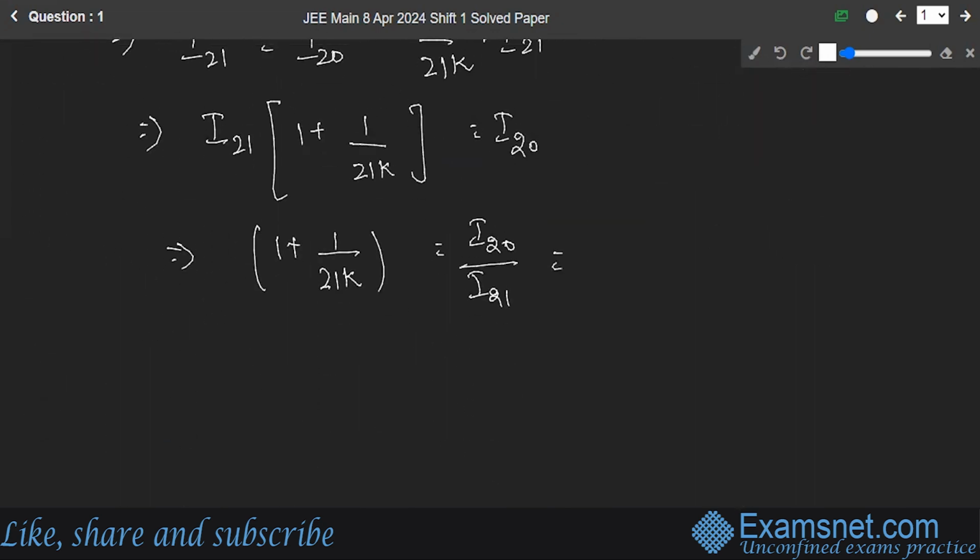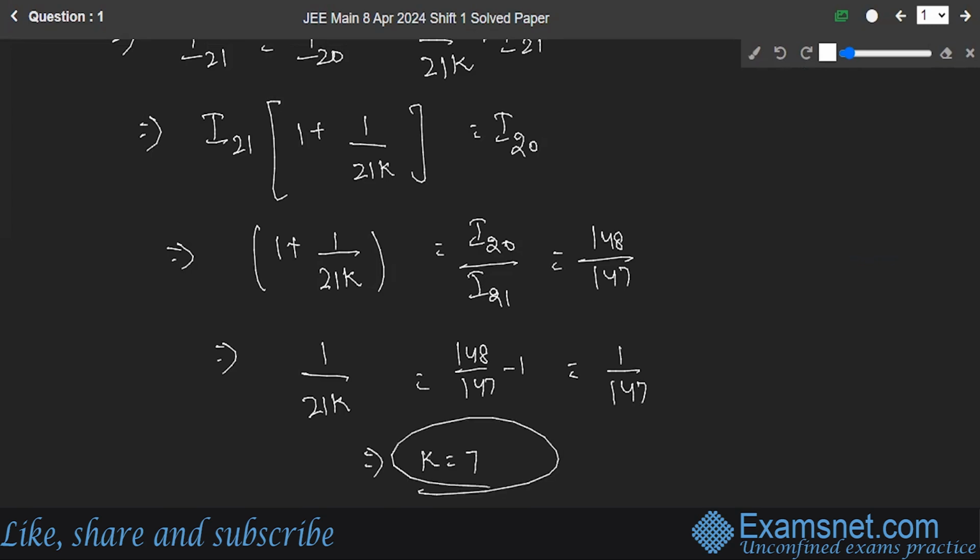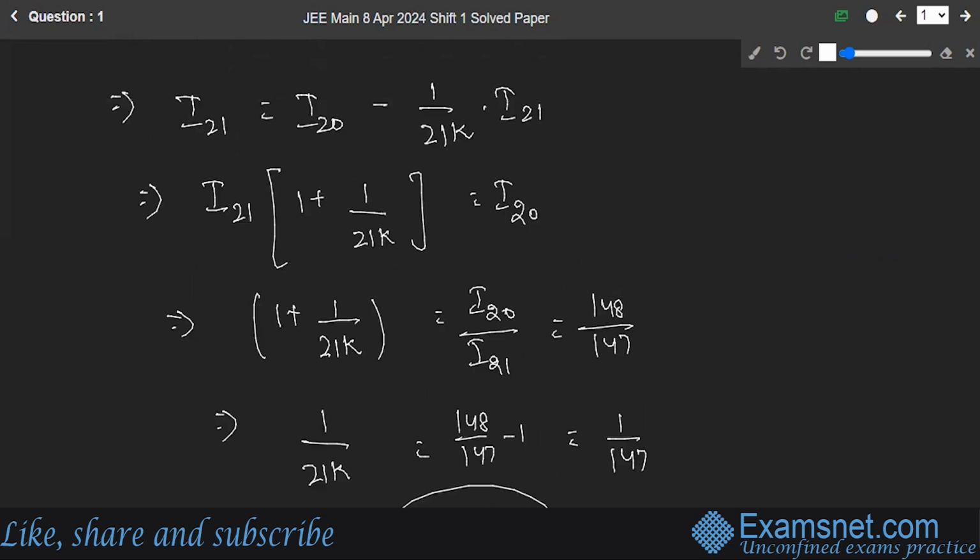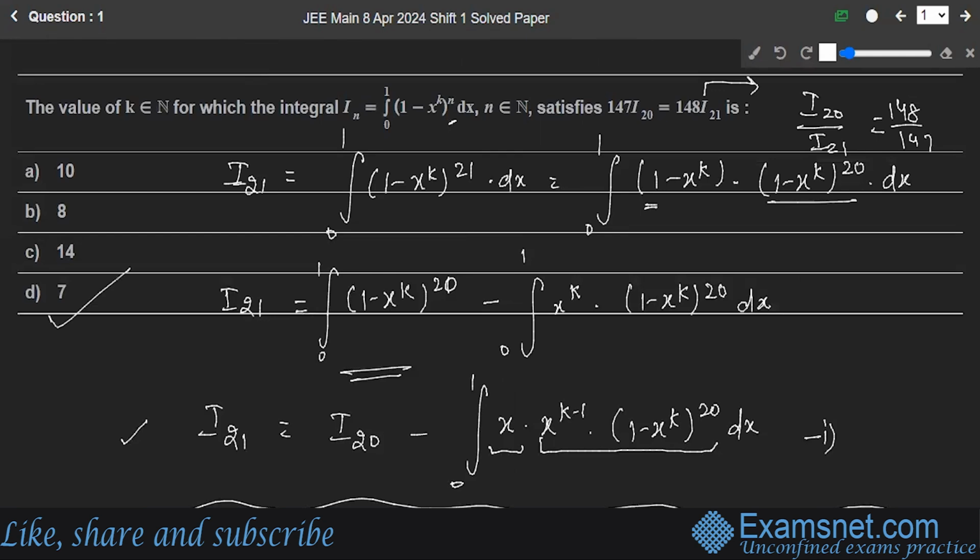Or you have 1 upon 21k is equal to this. From here, you will get that k is equal to 7. So this is the answer to the question. This is what you needed to find out: the value of k. Option D is the right answer. Hope you got that. Let's move to the next question.